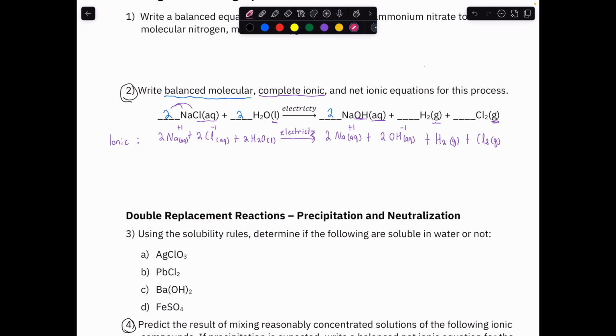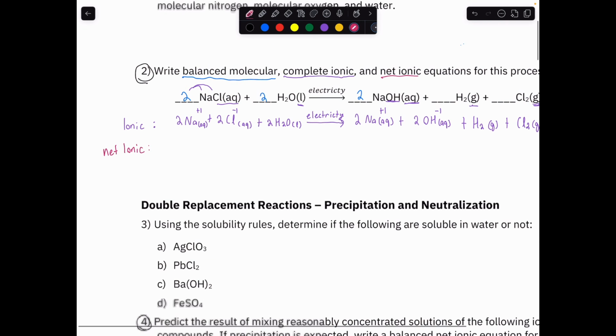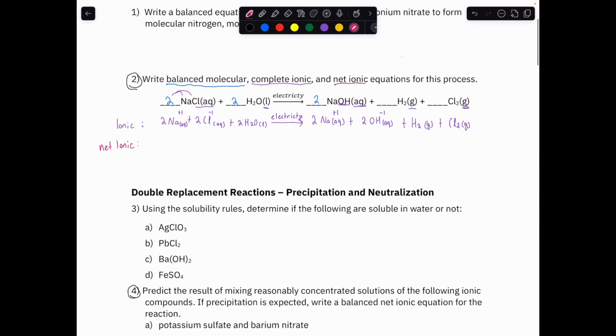I'm going to change my pen to pink because I like pink. And we're going to do our net ionic equation. I don't know why I highlighted equations. Net ionic. I'm going to put net ionic just to remind us that this is what we're doing next. And I'm going to look at my full equation and realize that I have sodium on both sides.